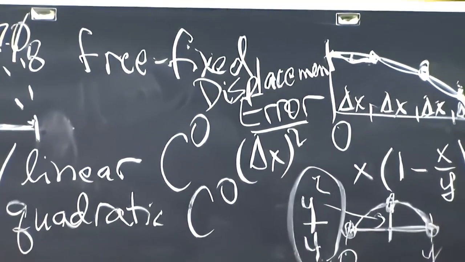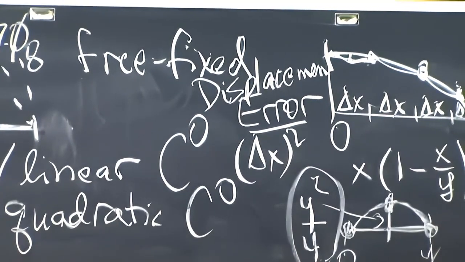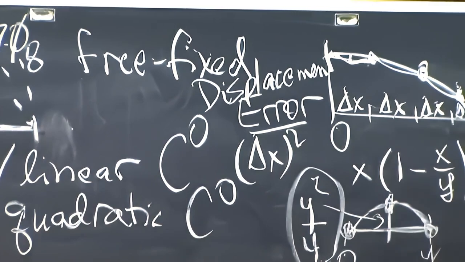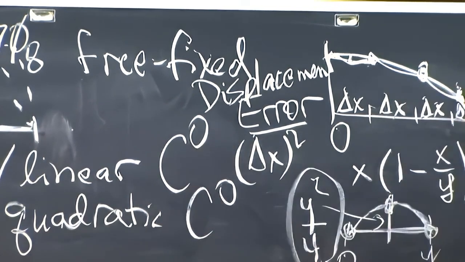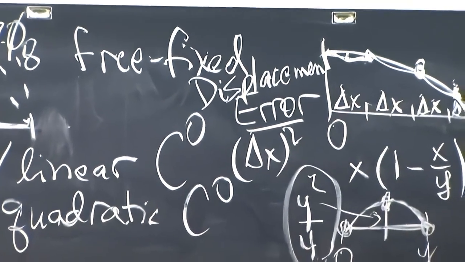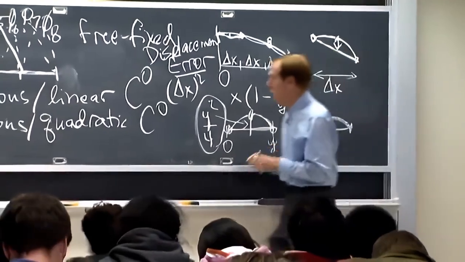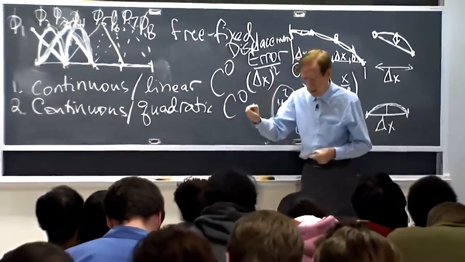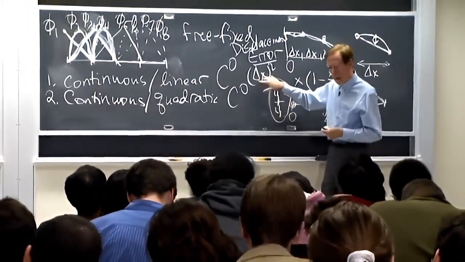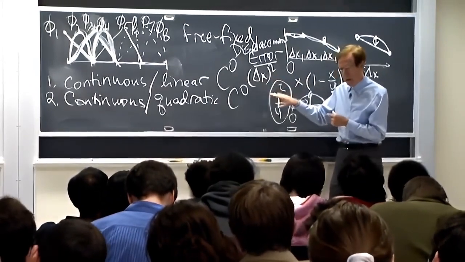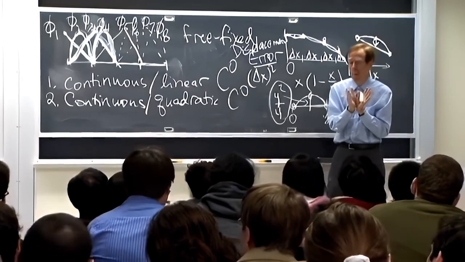I'm not proving anything. The careful discussion of the accuracy is a later section in the book. But I'm trying to make the main point, that if we're fitting functions by straight lines, then we have an error of delta x squared. And what's the slope error?